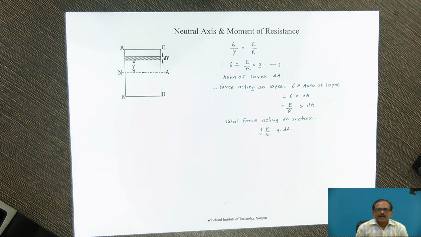But as we know, the theory of pure bending says that when a certain portion of the beam has shear force 0 and bending moment constant, that portion or length of the beam is said to be subjected to pure bending.